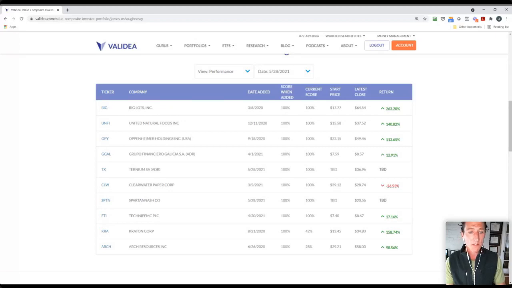And what I mean by tax efficient is we are still rebalancing the portfolio and we're still removing positions, but we're doing it in a systematic, tax efficient way. We review all the positions.